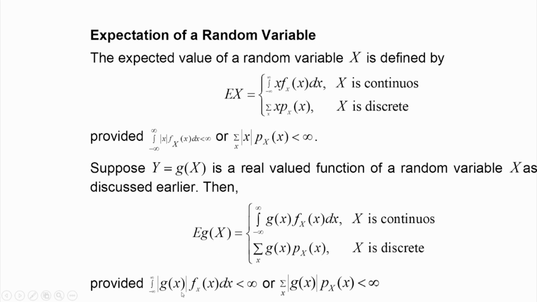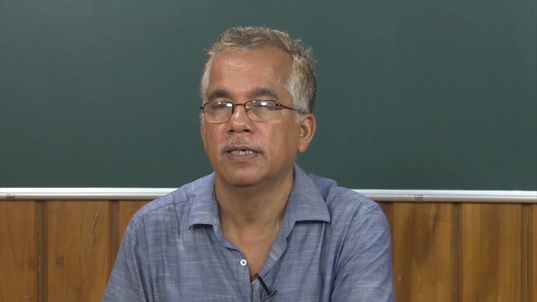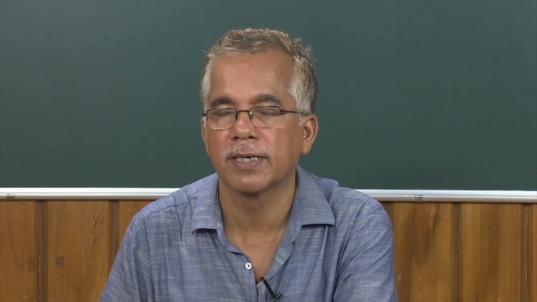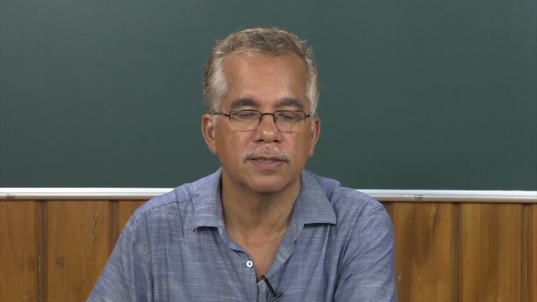Of course, we have to be careful that this expected value is also unique, and for this we require these two conditions. So, we have defined the expected value of a function of a random variable. Particularly, we will discuss moments.